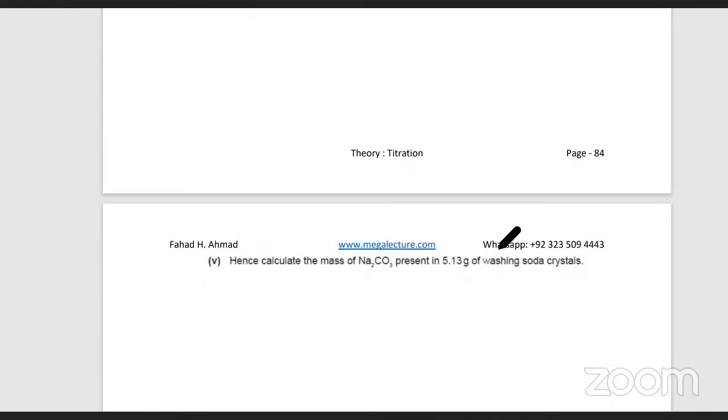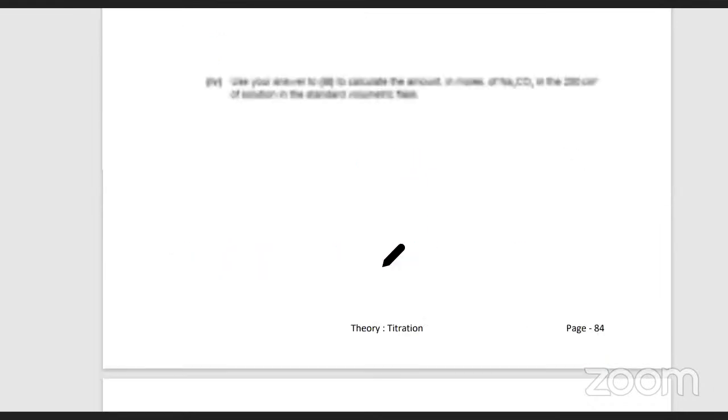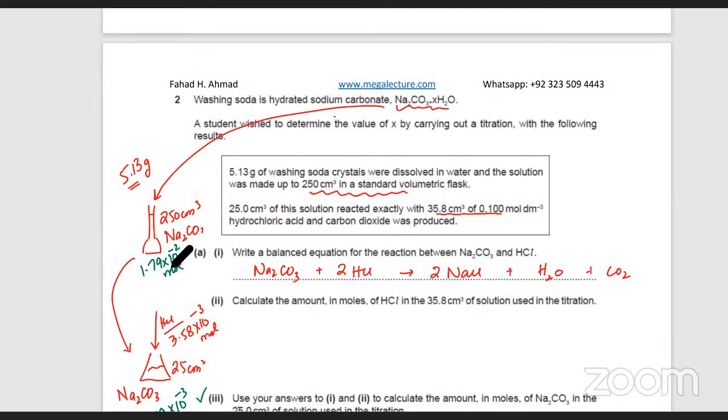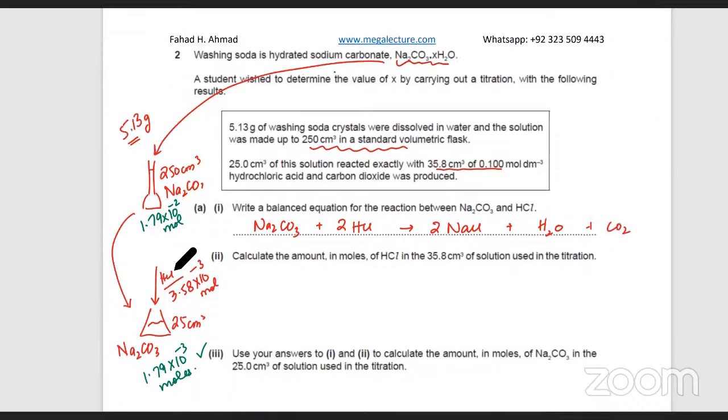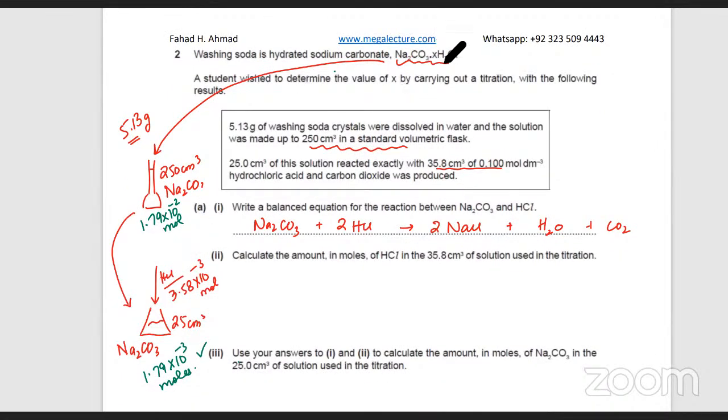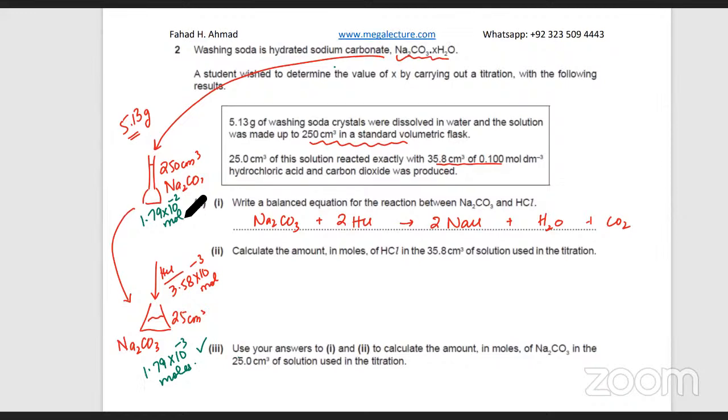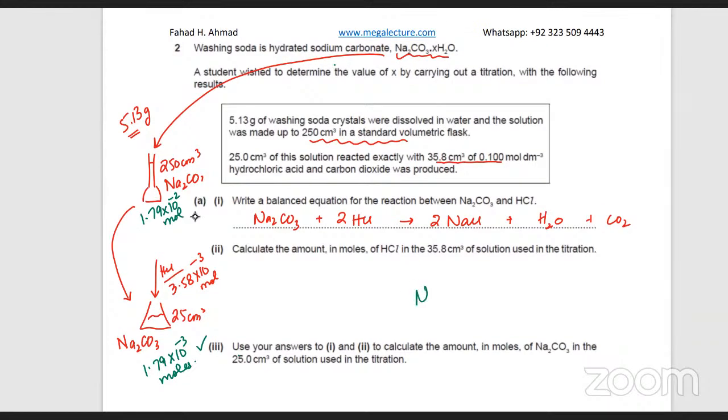Now the last part, which is, hence calculate the mass of Na2CO3. So you found the moles of Na2CO3, so you can find out the mass. What we have found out is that the moles of Na2CO3 are 1.79 times 10 power minus 2. So find its mass. What is the mass that you're getting for this? And I'll write this here.